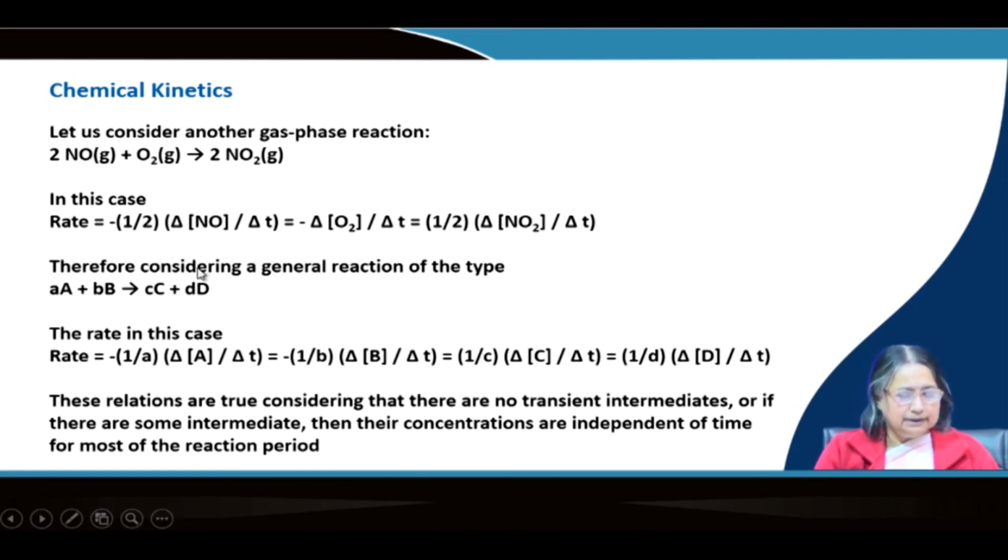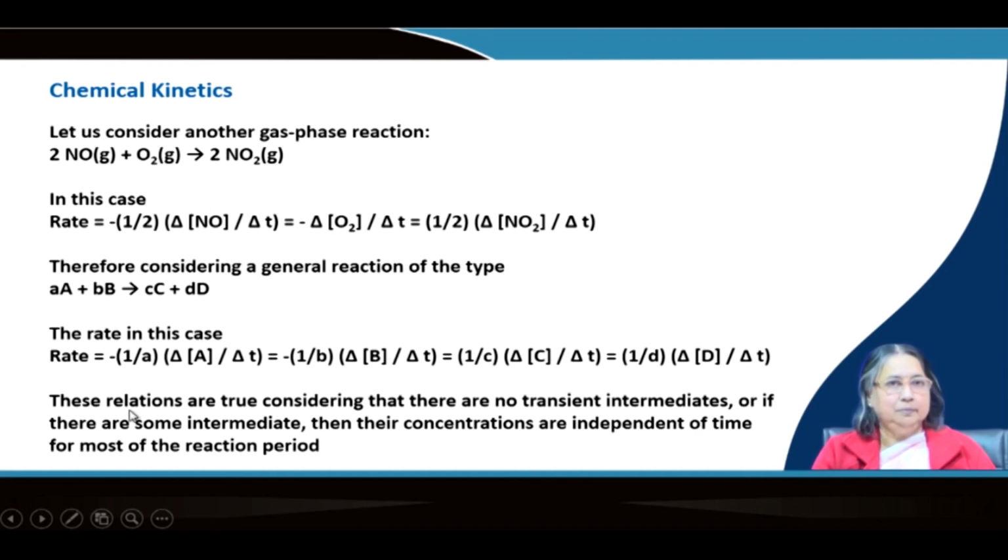Okay. Now, to generalize this, if the reaction is A plus B giving C plus D, then the rate you can express in this way: minus 1 by delta A by delta T, and then minus 1 by delta B by delta T, then 1 by delta C by delta T with a positive sign, and the same is true for D. So, this relation you have to understand and keep in mind.